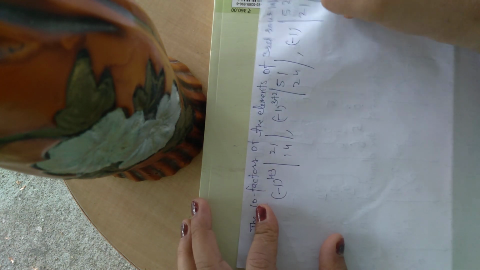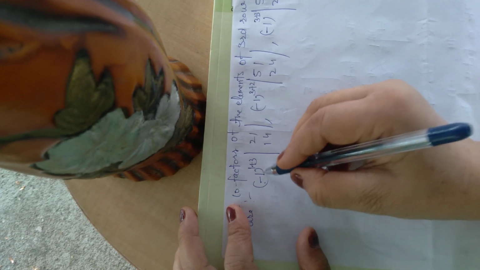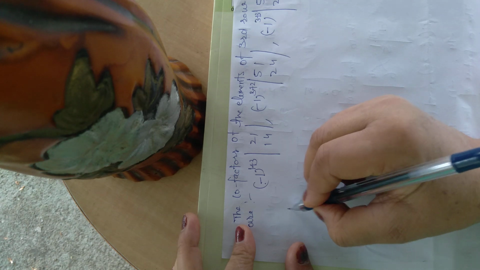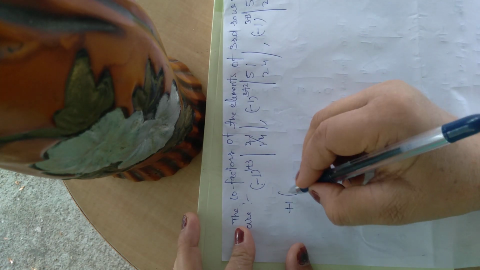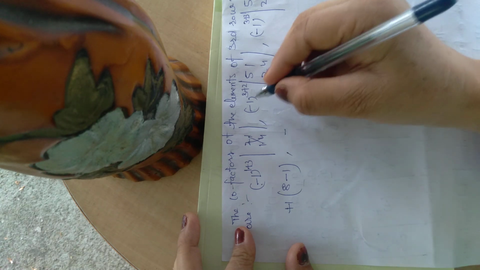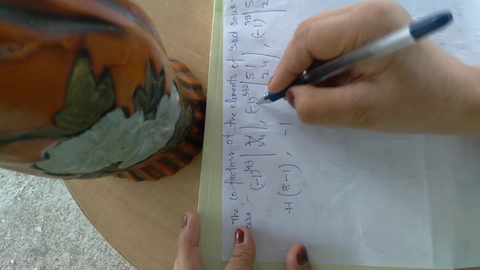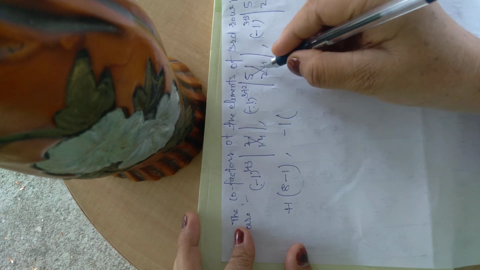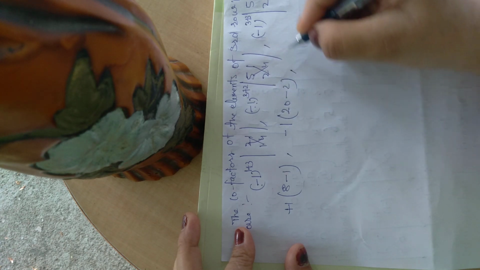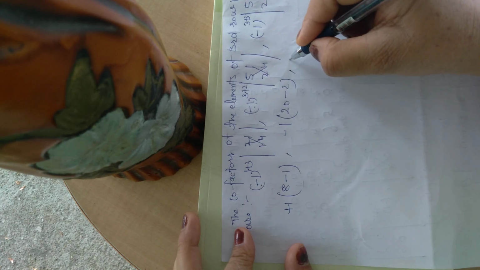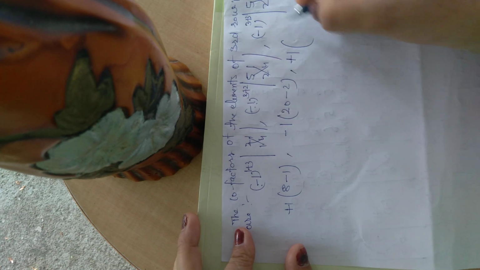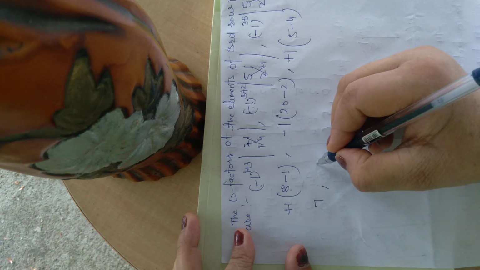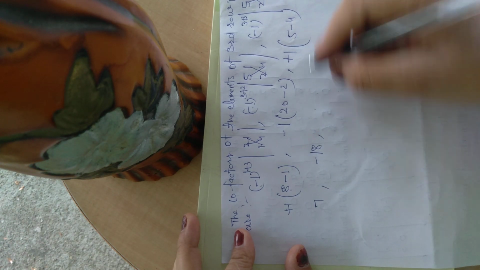The position of this is (-1) raised to power 4, meaning 4 times multiplication of (-1), which results in plus, and on cross multiplying 4 2s are 8 minus 1, and (-1) raised to power 5 means minus, and therefore inside we have 5 4s are 20 minus 2, and (-1) raised to power 6 means plus 1, and on cross multiplying 5 minus 4, that is 7, and minus 18 and 1.